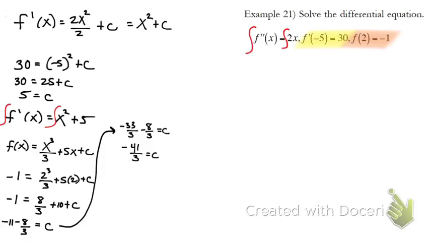So there's my c value. If I put this back in for f of x, I get that f of x is equal to 1/3 x cubed plus 5x, and then instead of writing plus c, I'll just write minus 41/3. Final answer.